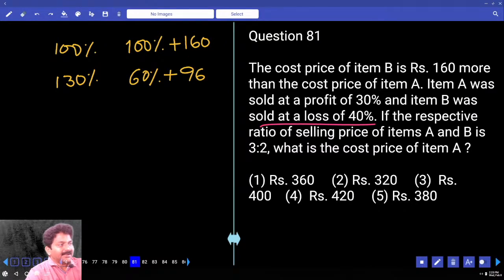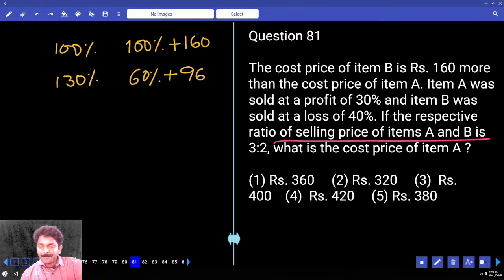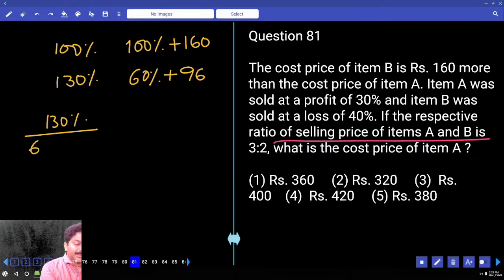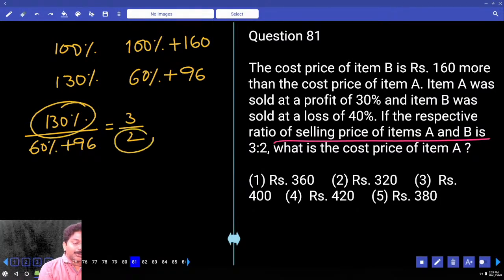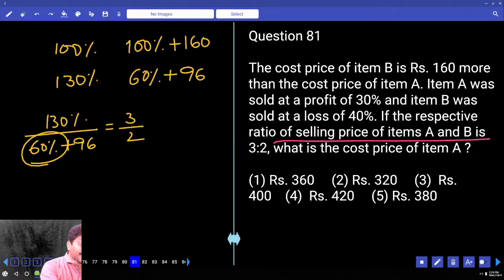50%, 80. 10%, 16. Now, if the respective ratio of the selling prices of items A and B is 3:2, what is the cost price of item A? 130% by 60% plus 96 is equal to 3/2. 130 into 2, 60 into 3.